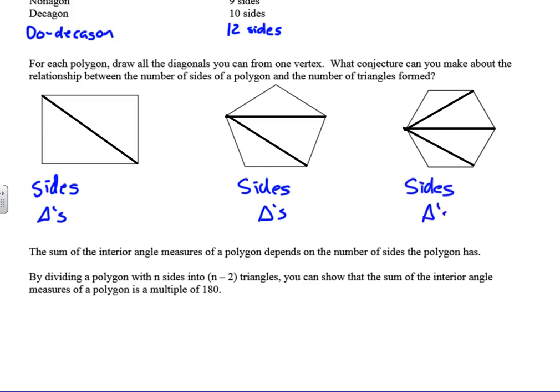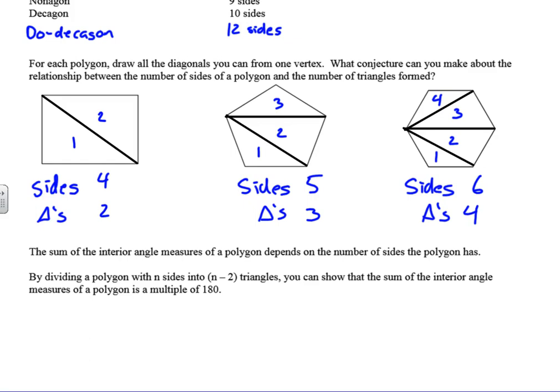In this first one we have four sides, and how many triangles are formed? One, two triangles. Here we have 1, 2, 3, 4, 5 sides, and we have 1, 2, 3 triangles. Here we have 1, 2, 3, 4, 5, 6 sides, and we have 1, 2, 3, 4 triangles.